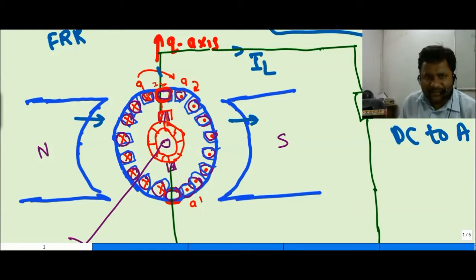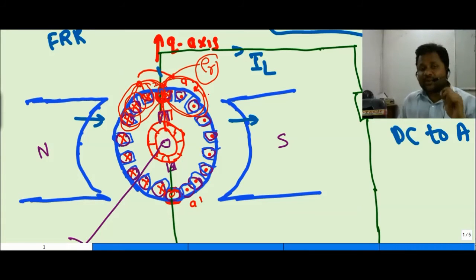But these conductors have a flux like this, and like this, and like this. It can interact with these conductors at this point. Similarly, these conductors will interact with this flux. So a mutual flux will be generated in the coil which is being commutated at this axis, and it will generate a reactance voltage.